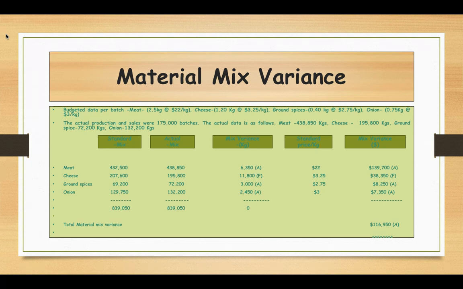So that's why the standard mix total and the actual mix total are the same. So when you take away one from the other, your mix variance in kilograms will be 0. So we will get the mix variance only when we times that by the money value. So we will get the mix variance in money value.